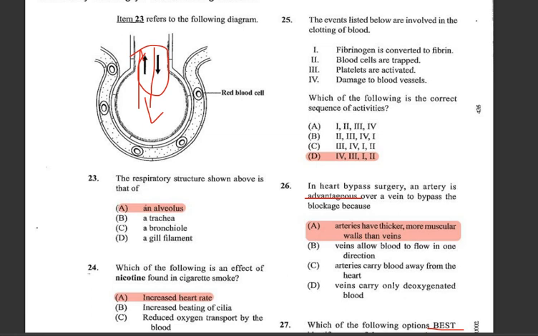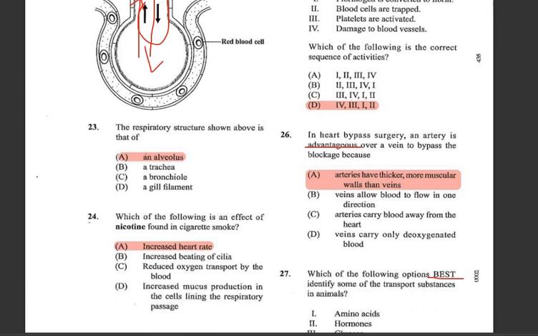Once the fibrinogen is converted to fibrin, the blood cells are trapped. So that would be the sequence of activities of blood clotting.